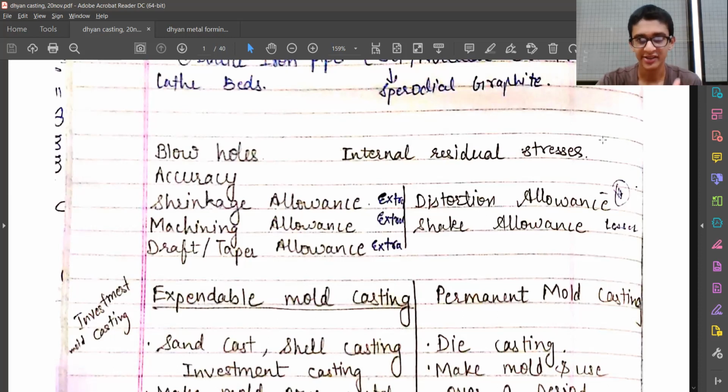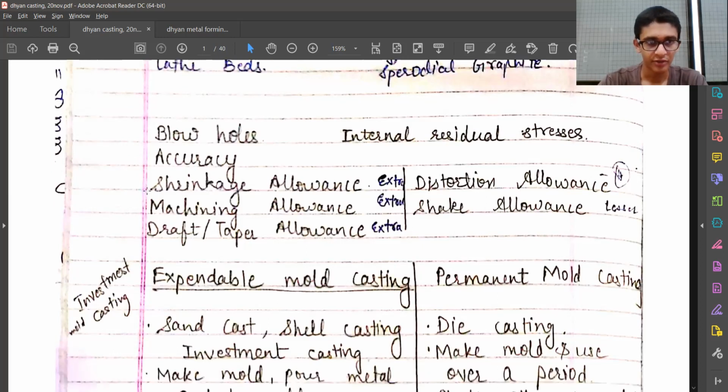In terms of accuracy, we should take care of shrinkage allowance, which means the material shrinks when it solidifies from the liquid phase. There are 2 or 3 types of shrinkage, so we need to take all those into account. Hence, when we pour the material, we need extra material. That's what I have mentioned in the side note.